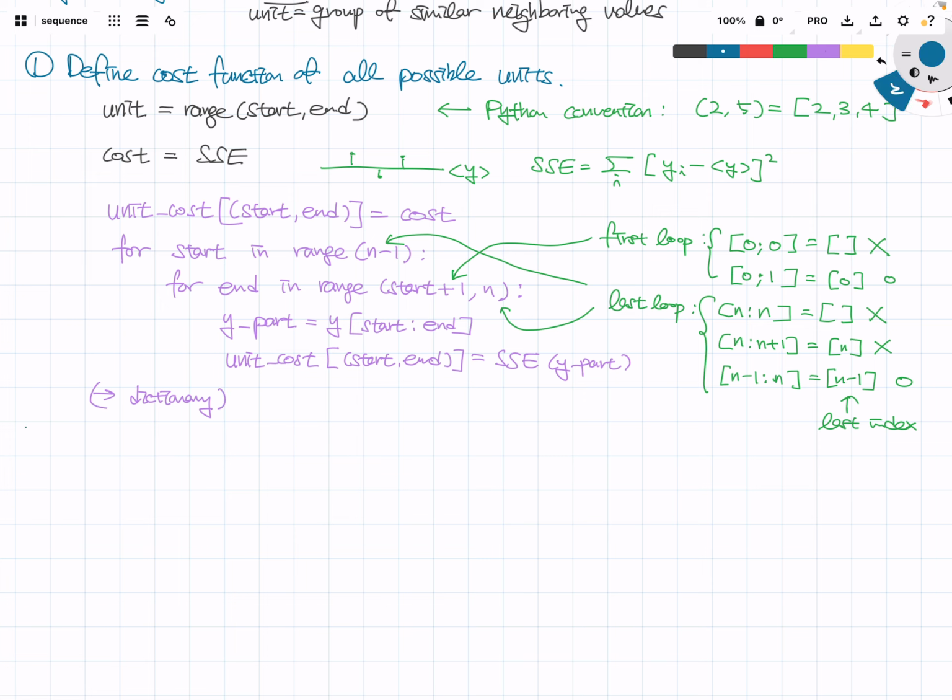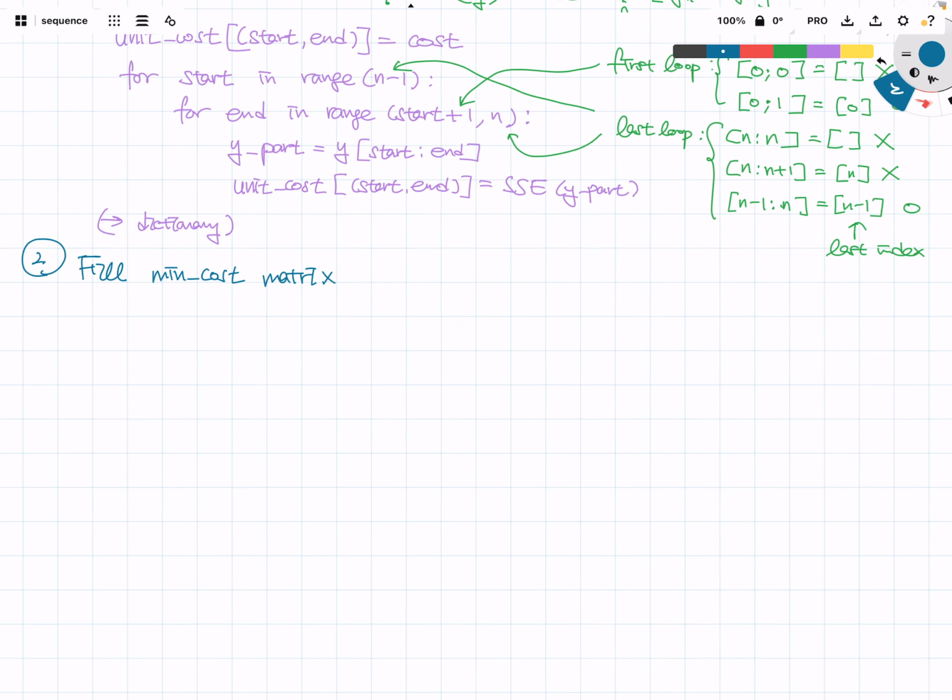And then second step, we will fill the minimum cost matrix. I will explain what this is. This is very important. Minimum cost is a matrix, basically a square matrix.